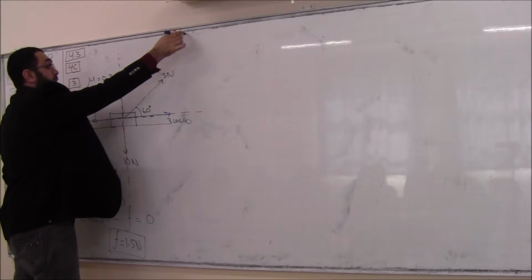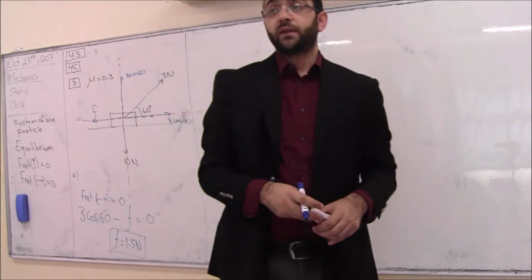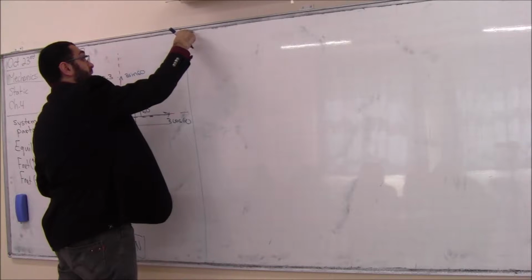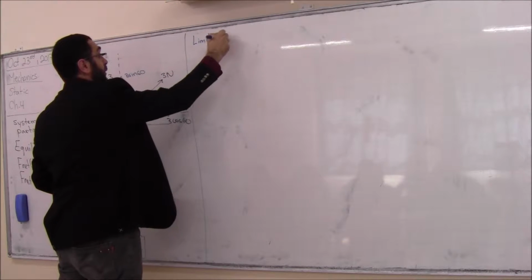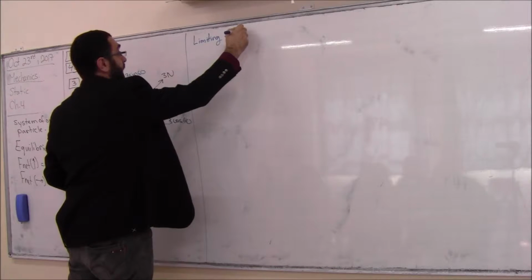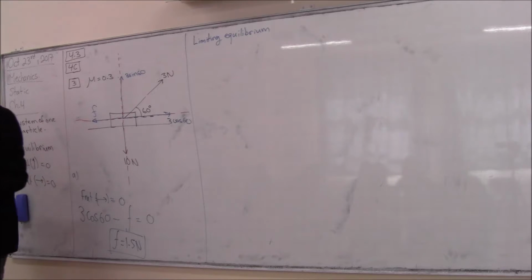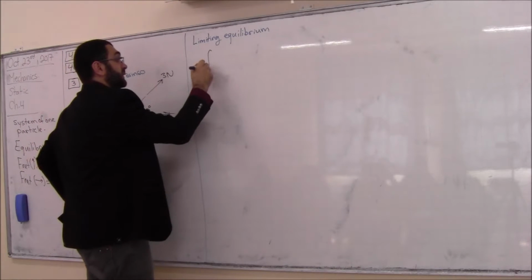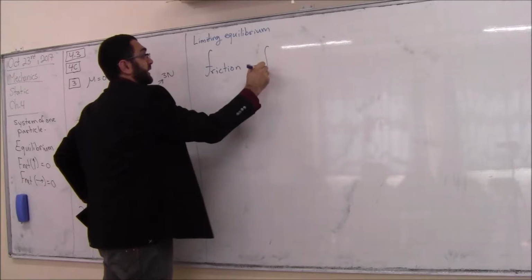For B, we are asked if it's limiting equilibrium or not. Pay attention. This was discussed in the previous chapter. Limiting equilibrium means that the friction should equal F max.